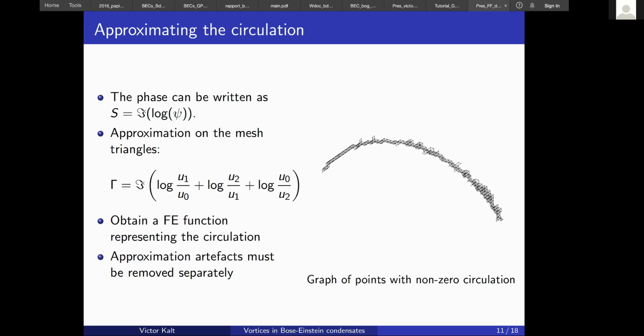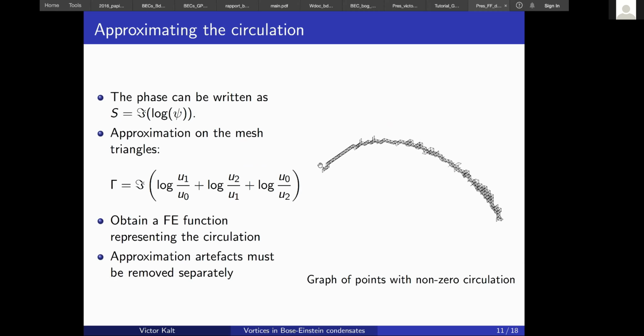So this is a rough approximation, since it's only on 3 points. But if we do this on all triangles of the mesh, we can create a P1 finite element function that will be 1 if we find a non-zero circulation, 0 if we find a zero circulation on all points of the triangle.